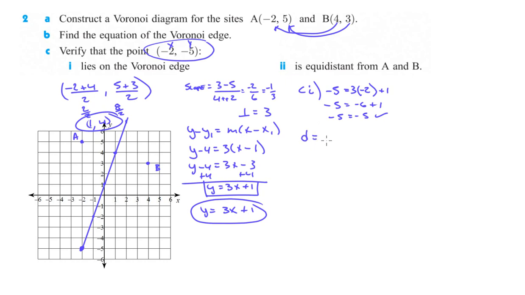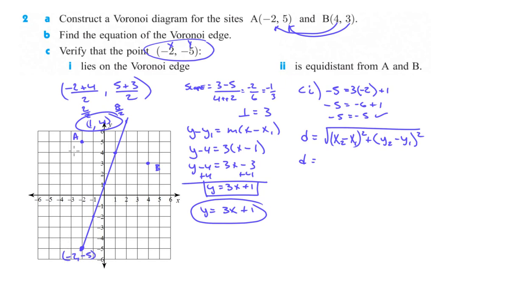Distance is going to equal the square root of our x's minus each other. It doesn't really matter if it's x2 minus x1 or x1 minus x2. Square them both and add those to the y2 minus y1 squared. So in this case, this point here is at -2, -5.